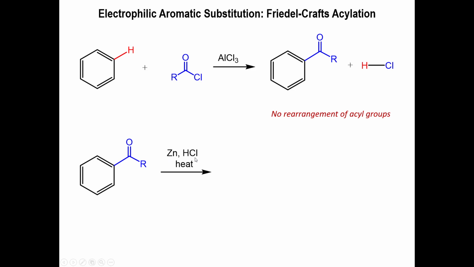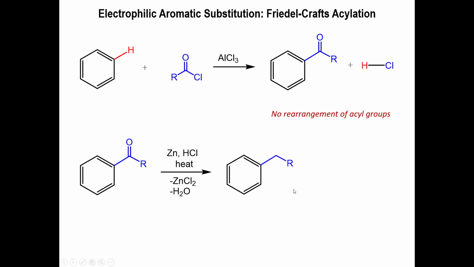And with a little bit of heat, ultimately what we end up doing is removing the oxo group as water and oxidizing zinc to zinc 2+. So the idea is that you could install an acyl group onto the benzene ring and then turn it into an alkyl group after the fact.